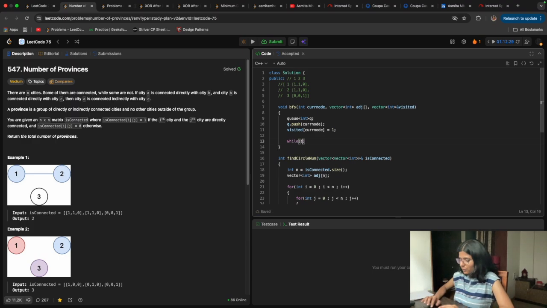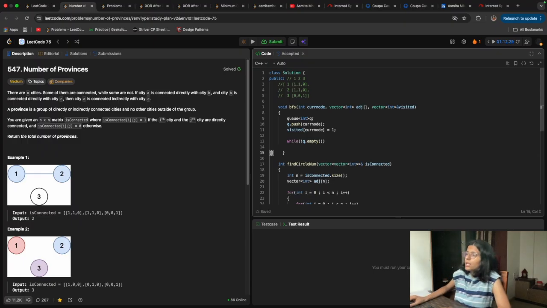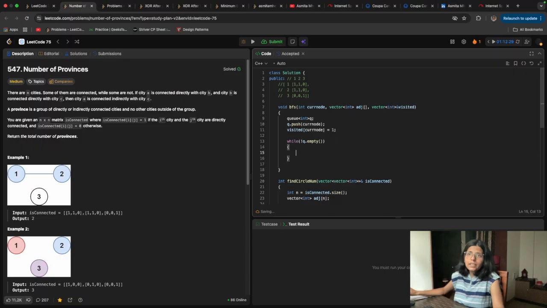Q.push(current node) and then visited[current node] = 1, while my queue isn't empty. Actually, this is the format of BFS: take a queue. A queue is a data structure which pops out the data which we entered first. The BFS idea is that whichever nodes are there first get visited.